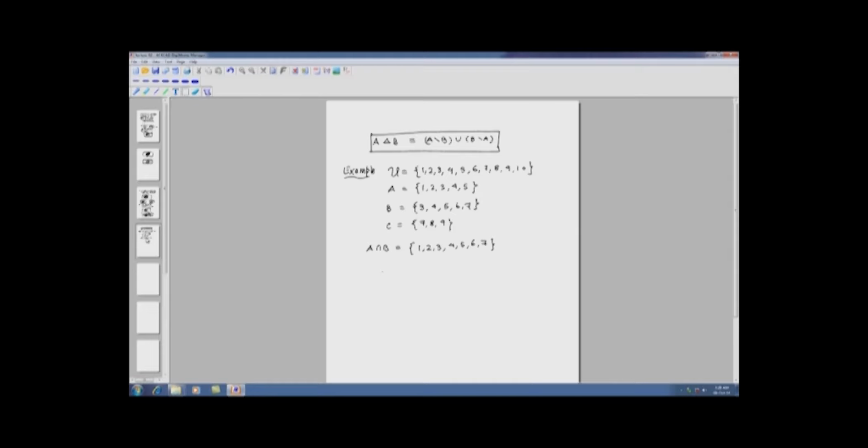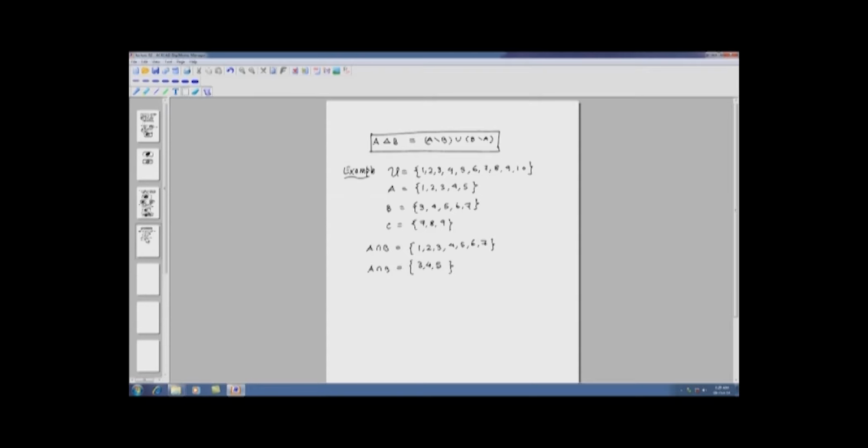So, that is the integers which are in A or B. If we want to find out A intersection B, that will take only the integers which are common to both A and B, and we see that 3 is common to both A and B, 4 is common to both A and B, and same is 5. Therefore, it will be 3, 4 and 5.